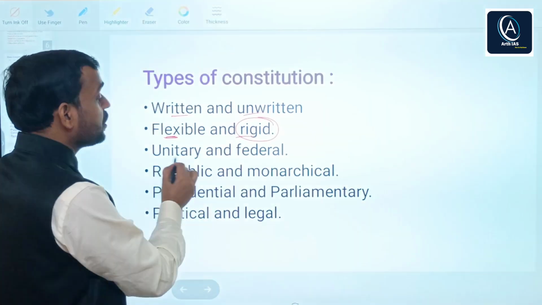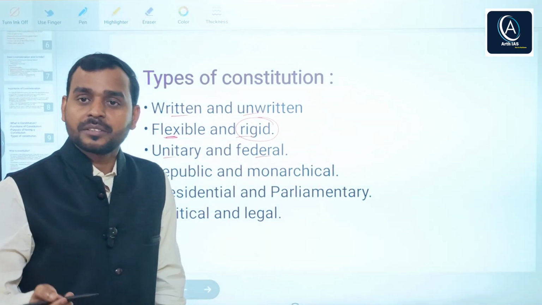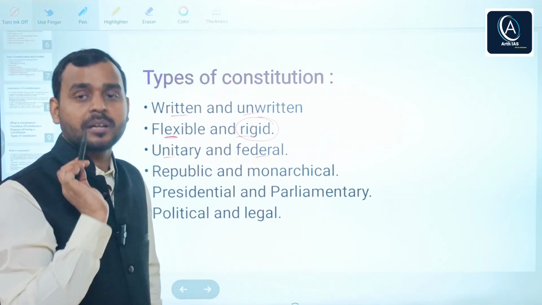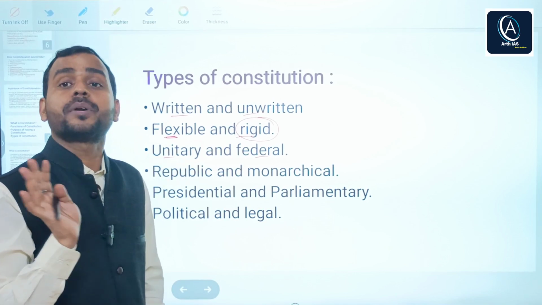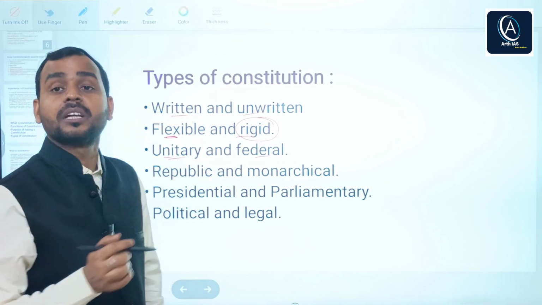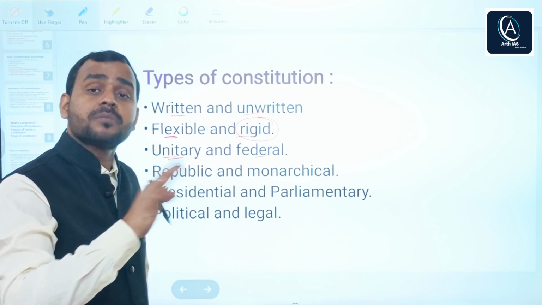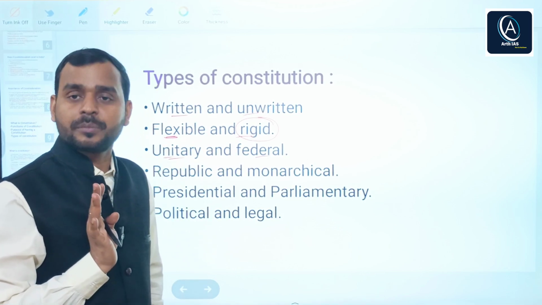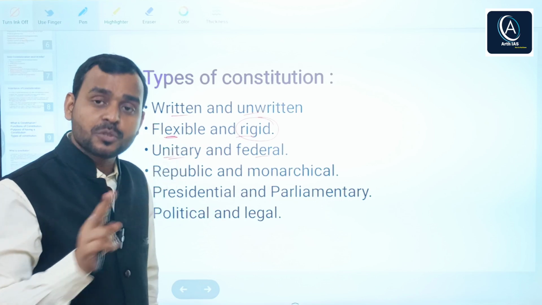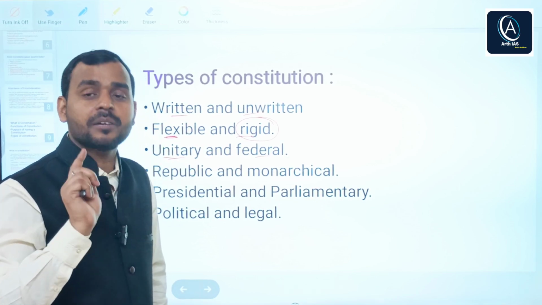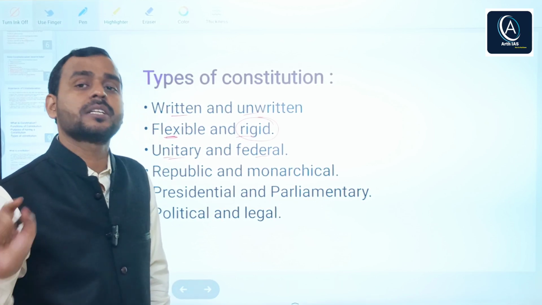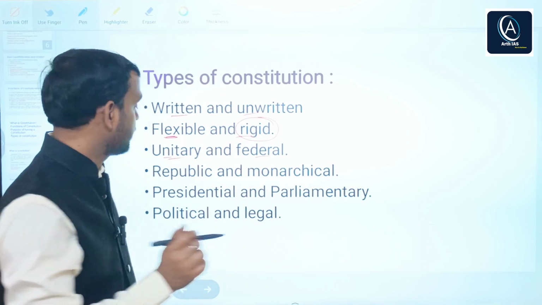Unitary or federal: India and America have federal constitutions. Britain is unitary. A unitary constitution means the power is concentrated in the hands of the central government. There is no division of power between the central or federal government and the regional or provincial governments.